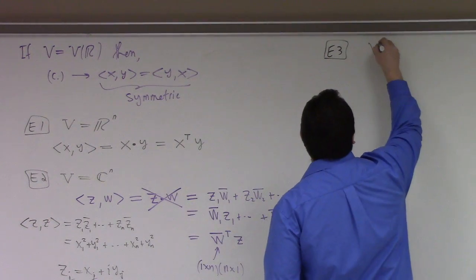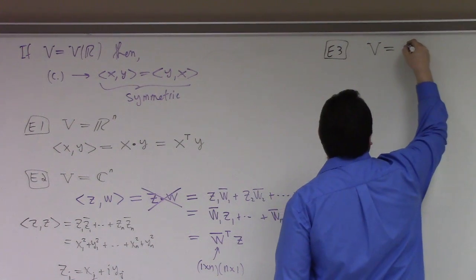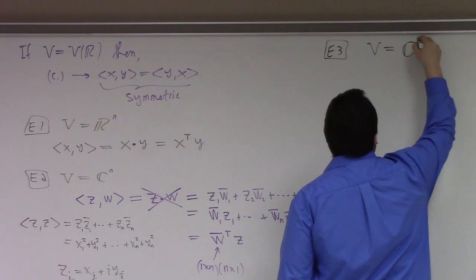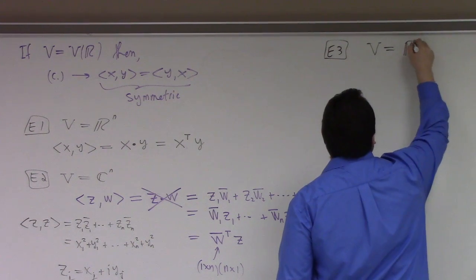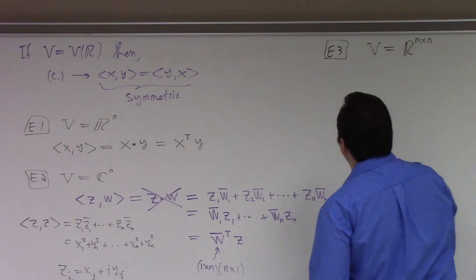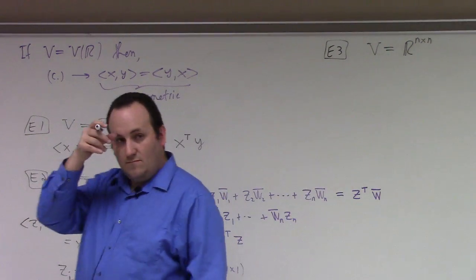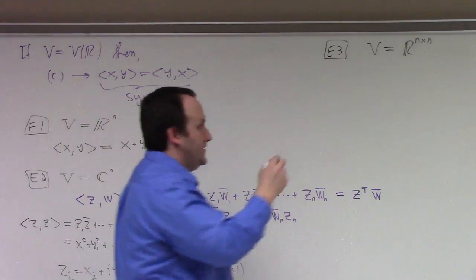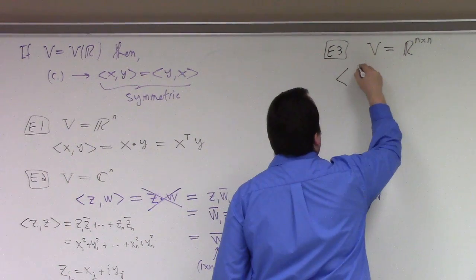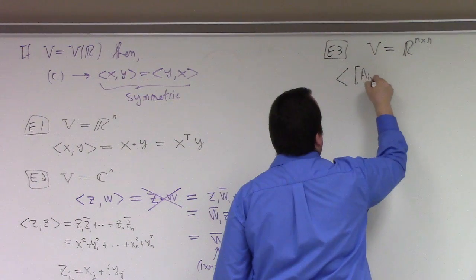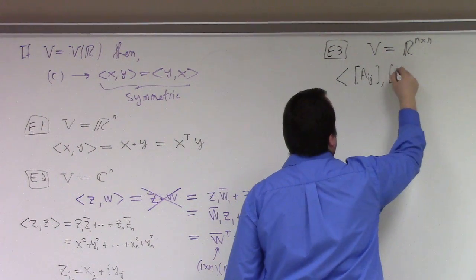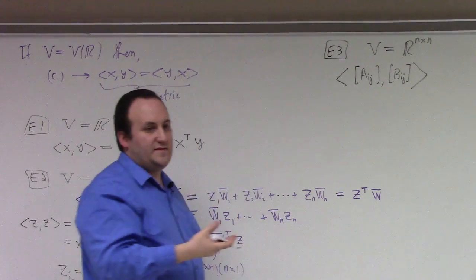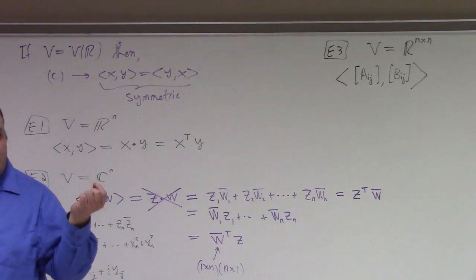Example 3. What if we do, say, C n by n, we'll start with the reals, R n by n matrices. I think the natural thing to try, if you have like aij times bij, is to think of them as really long vectors strung out.